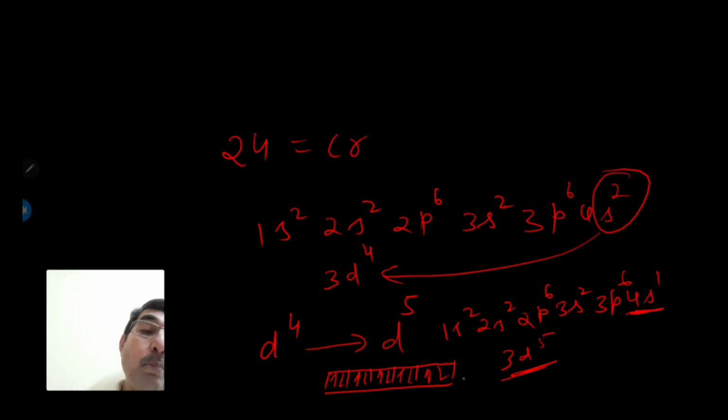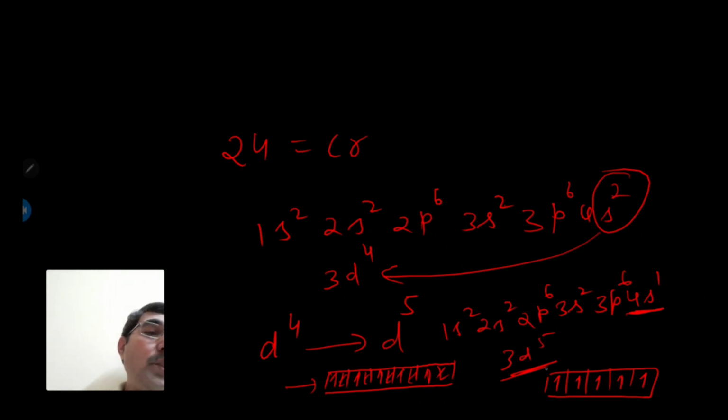So the d subshell can have maximum 10 electrons because there are 5 orbitals, but in this case there are 5 electrons, so it means only 1 electron in each orbital. So it will actually be like this: 1 electron, second electron, third, fourth and fifth.